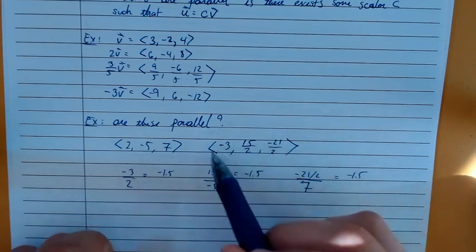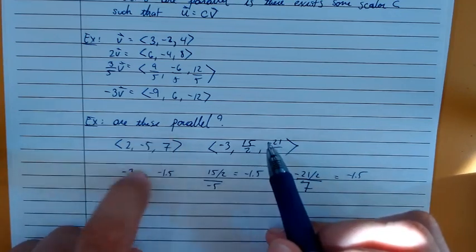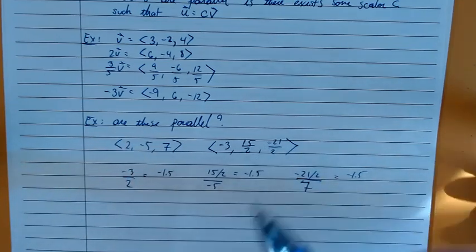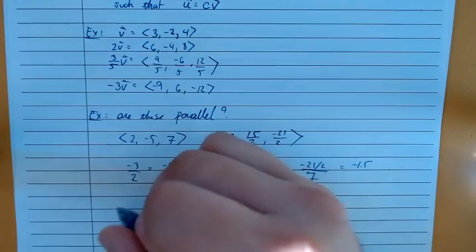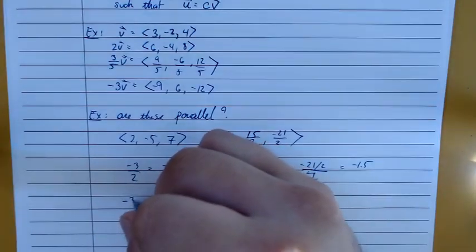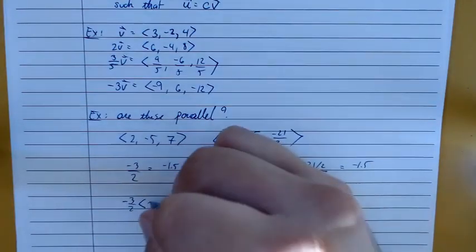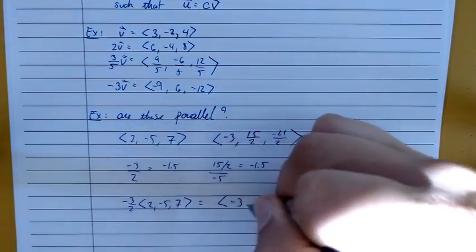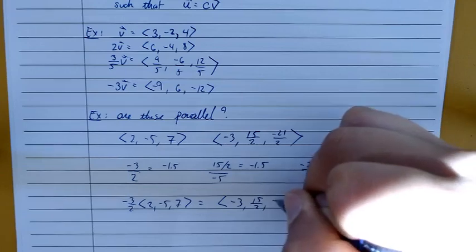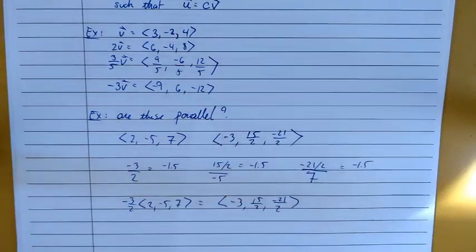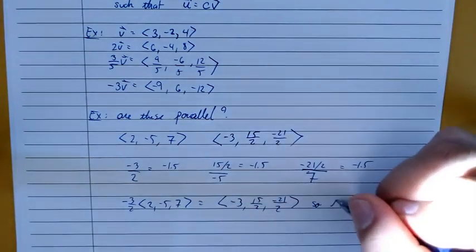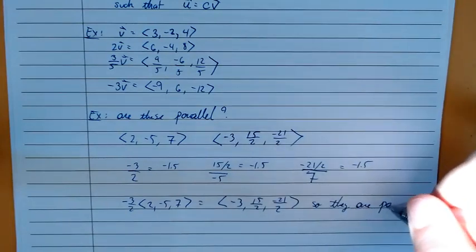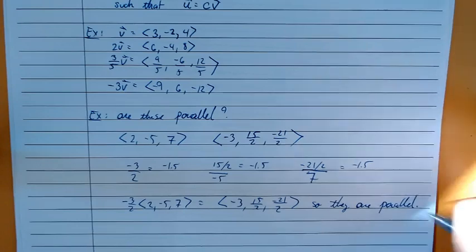Or in other words, this is this one scaled up by negative 1.5, negative 3 halves. So yes, these are parallel. If I take negative 3 halves times the first one, I get the second one. So yes, these are parallel. Just like that.